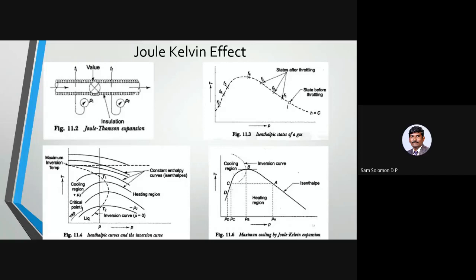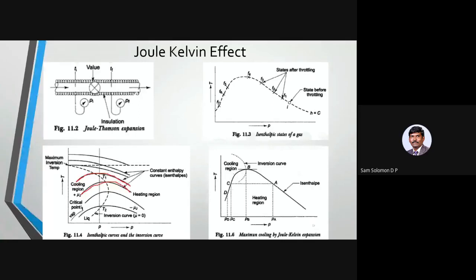It is called an isenthalp. If you look at this diagram 11.4, all these diagrams I have taken from PK Nag. This is one isenthalp, this is another isenthalp, so you have different constant enthalpy curves.